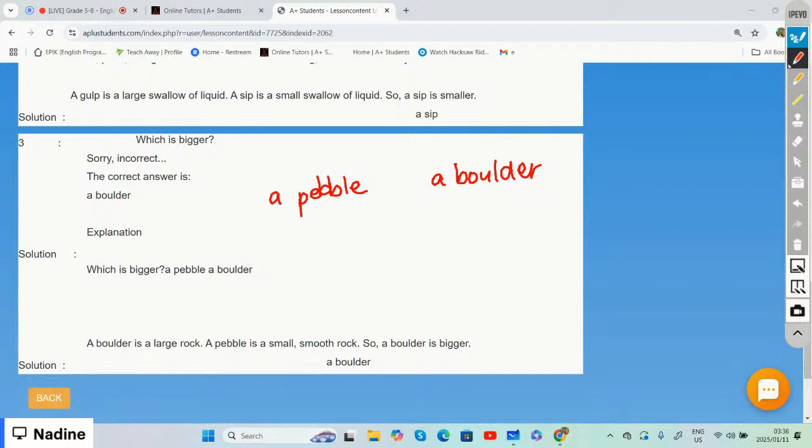And if we were to say which one is bigger, then yes, we can say a boulder is bigger, because a boulder is a large rock, whereas a pebble is a small little rock or smooth stone. If you look at both of those words, both have to do with a rock. One is just bigger and the other is small and smooth, basically like a stone. So well done.